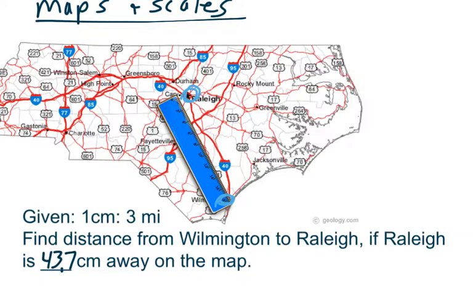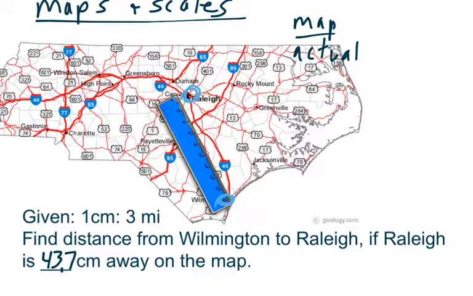But now we can set up a proportion given what we just measured, and I'm going to label it as, let's say, the map and the actual. Because the map is just a scaled down version of the actual.